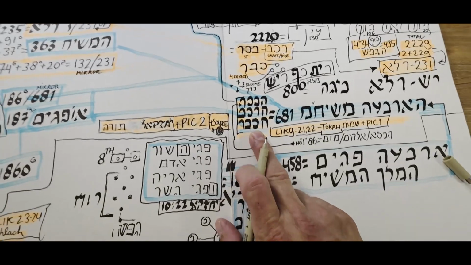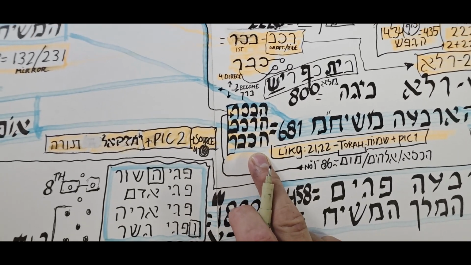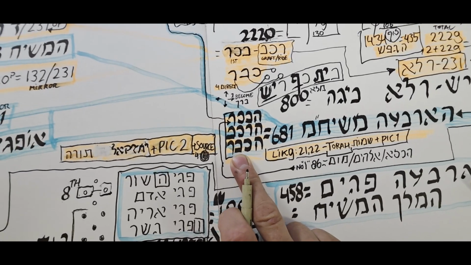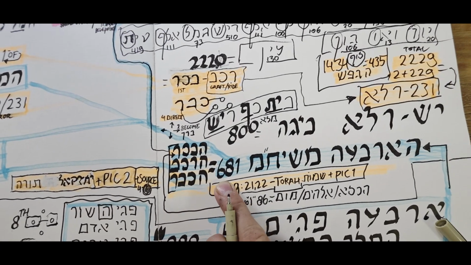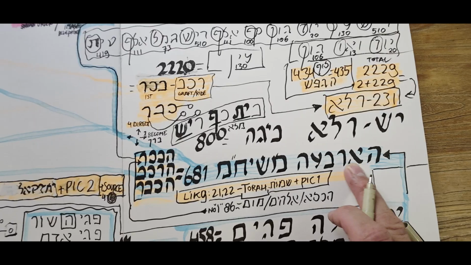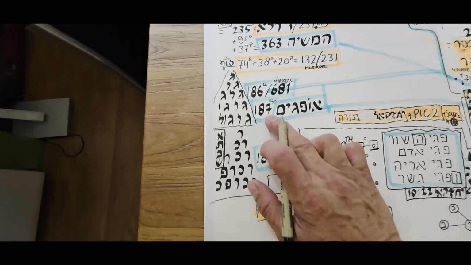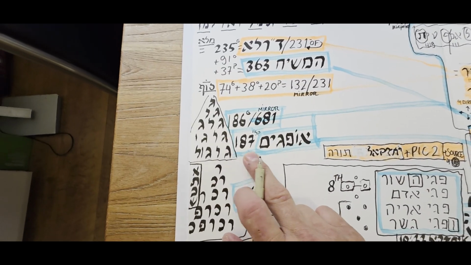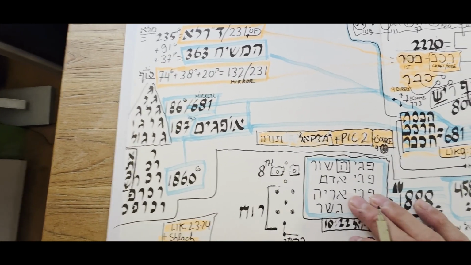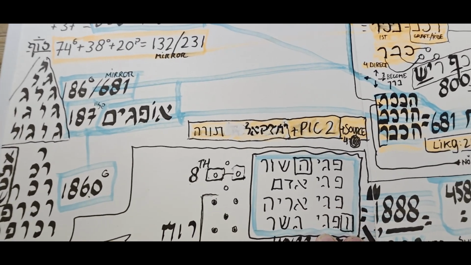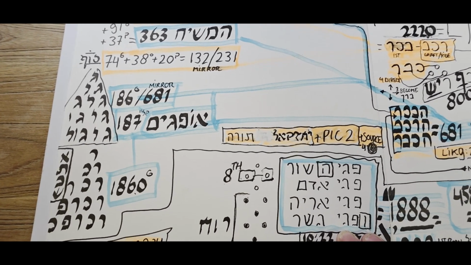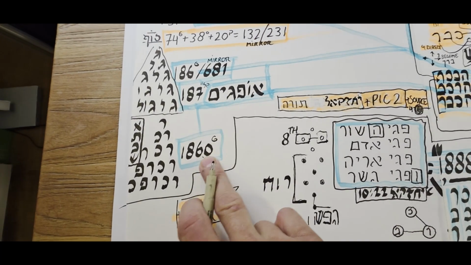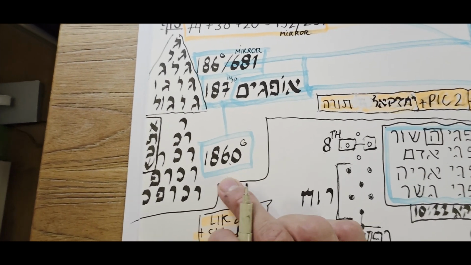And 681 was that value of the firstborn, the grafting, and the river Kebar, which was 681, also the value of Ha'arba'a Mashiachim. Okay? So that's found in there as well. Mirror image of Ofanim. And we'll identify one of the secrets about Ofanim through the Torah itself. Then let me do this one before we proceed.